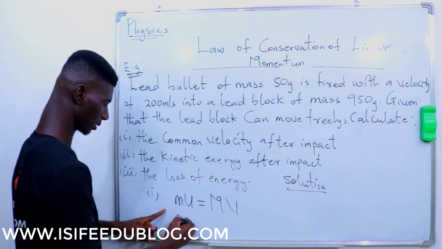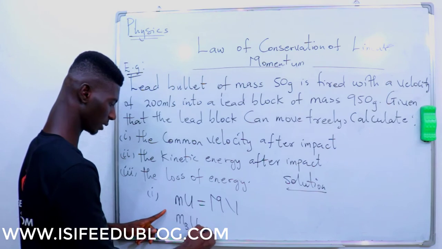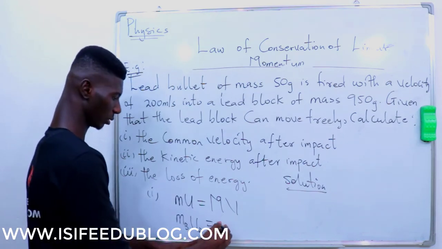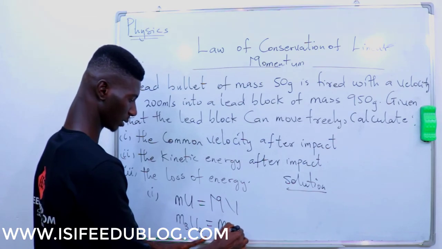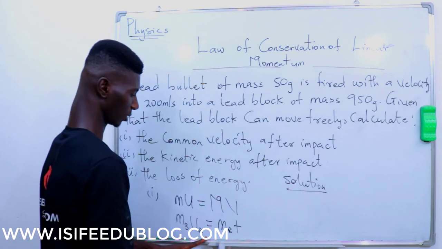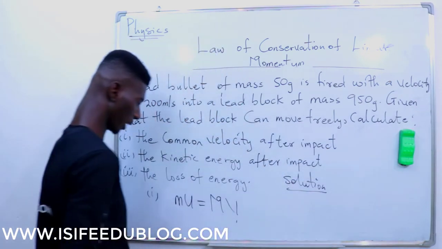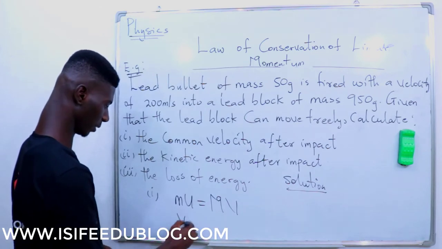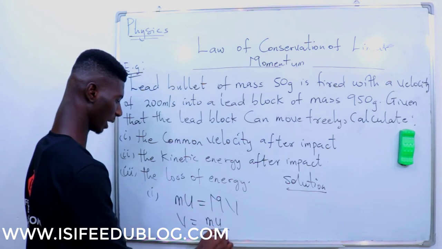This is mass of the bullet times the velocity of the bullet is equal to mass of the bullet plus mass of the block, times V. Okay, now what we have here is V, if you make V the subject, is equal to mu divided by capital M.